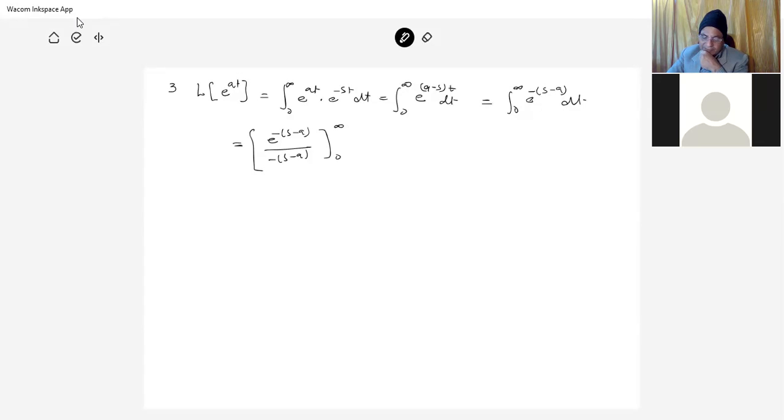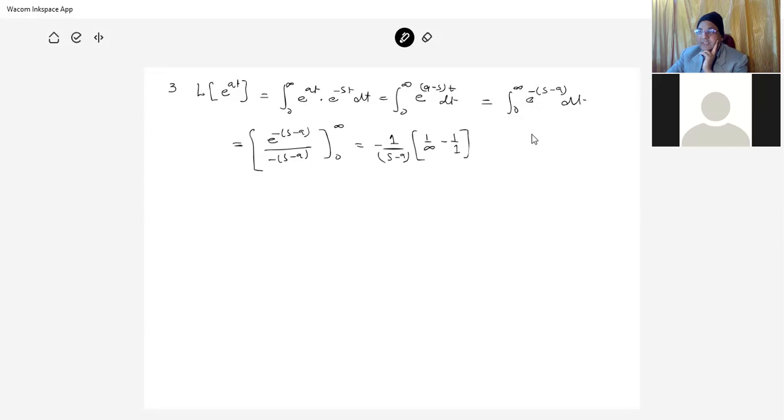Now putting in the limits, we will get minus 1 by s minus a, and here 1 upon infinity minus 1 upon 1.